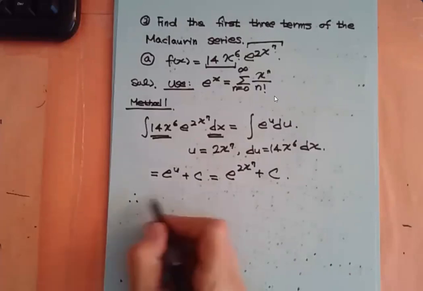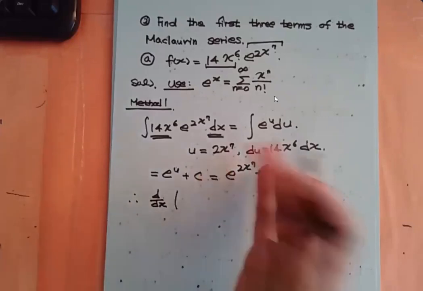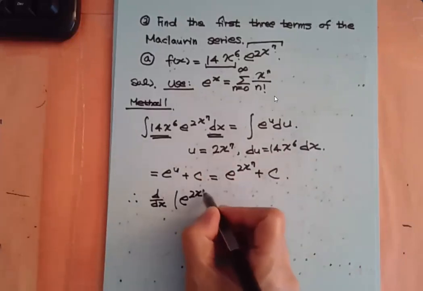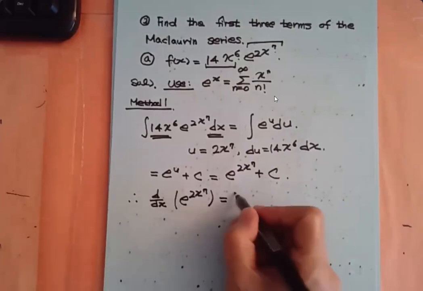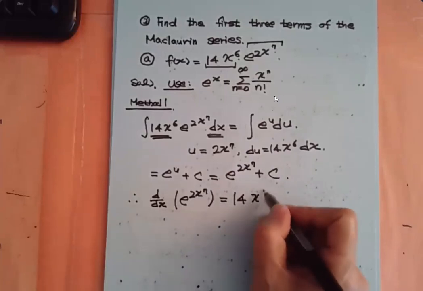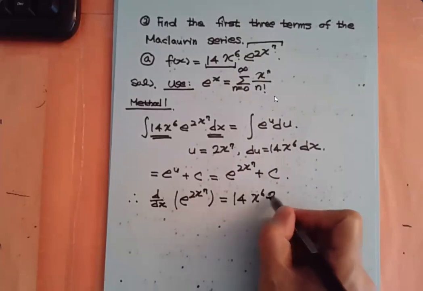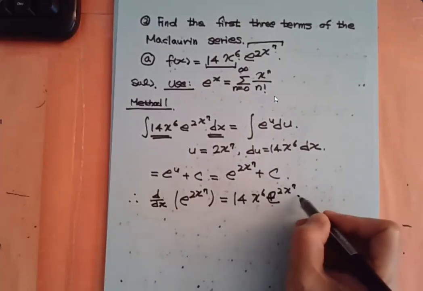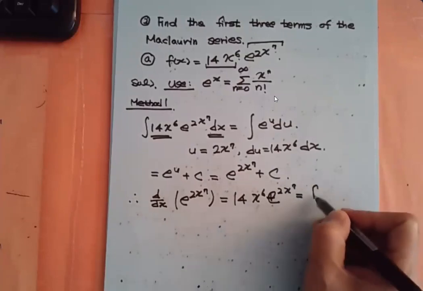As I explained, what would happen is if you differentiate this part, e^(2x^7), then you would get 14x^6 times e^(2x^7), which equals f of x, right?